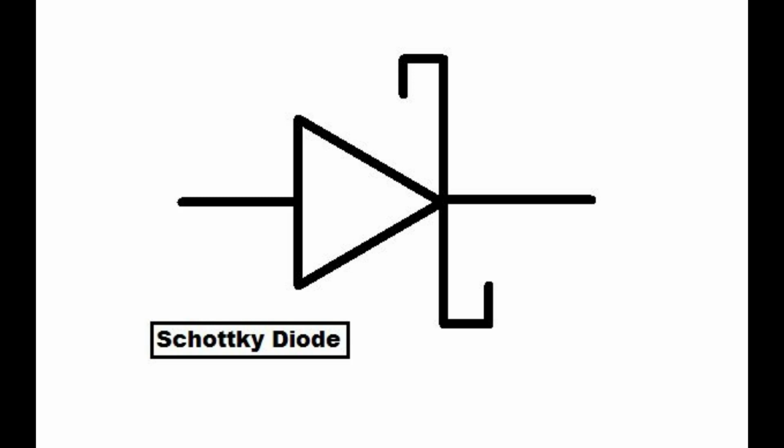As there is no capacitive PN junction, the switching speed is very fast. The limitation of the Schottky diode is that it has low reverse breakdown voltage and high reverse leakage current. So it is widely used in switching circuits like buck converters, boost converters, AC to DC conversion and high speed conversion.